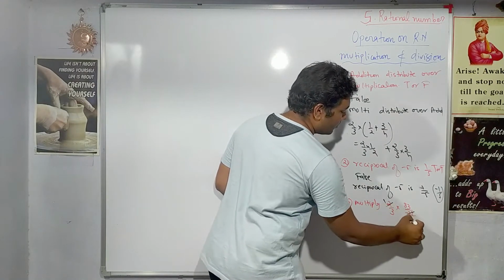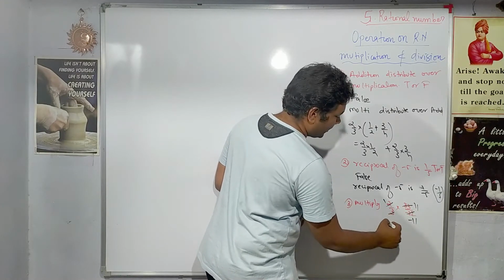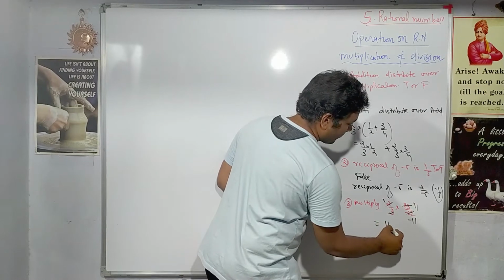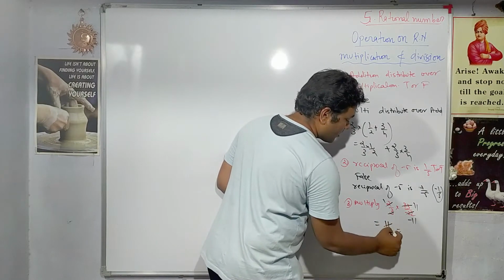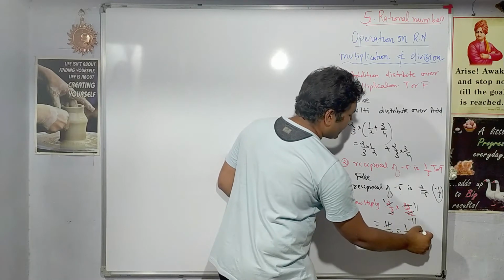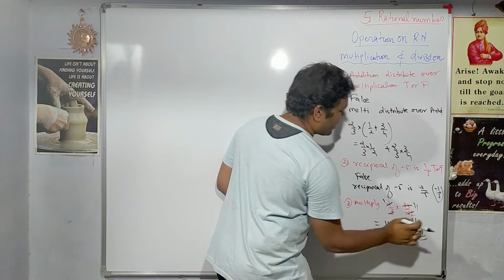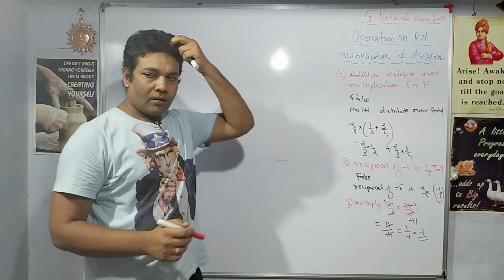So 1 2s are 2, 11 2s are 22, 11 3s are 33, right? So what will be the answer? 11 upon minus 11. This can be further reduced, right? So 1 upon minus 1, as I said, the minus sign you can take into the numerator. So the answer is minus 1.